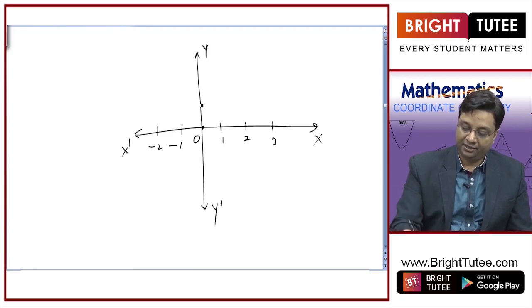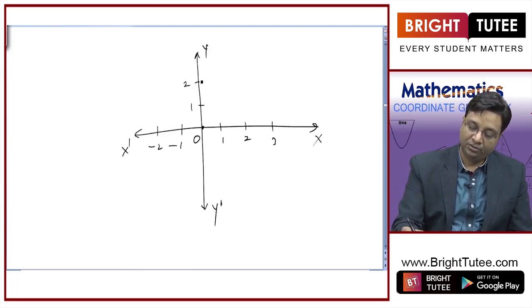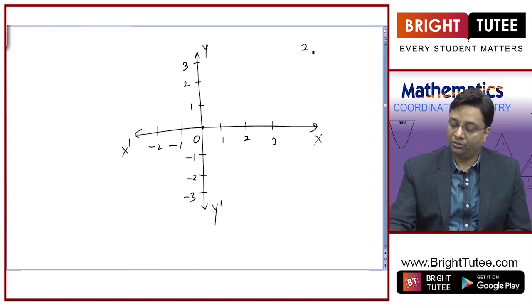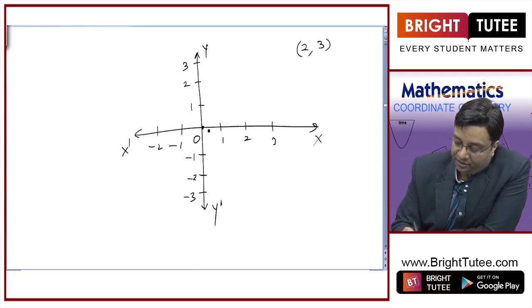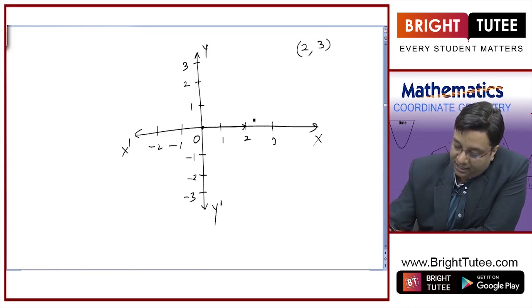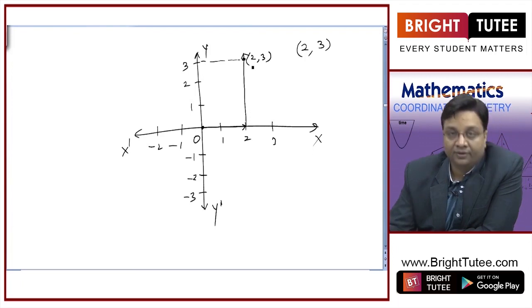When I am saying that I need to go or I need to locate a point (2, 3), right? So what we have learned is that we will go 2 units in the x direction, in this case positive x direction, and 3 units in positive y direction, and we will reach this point (2, 3), right?